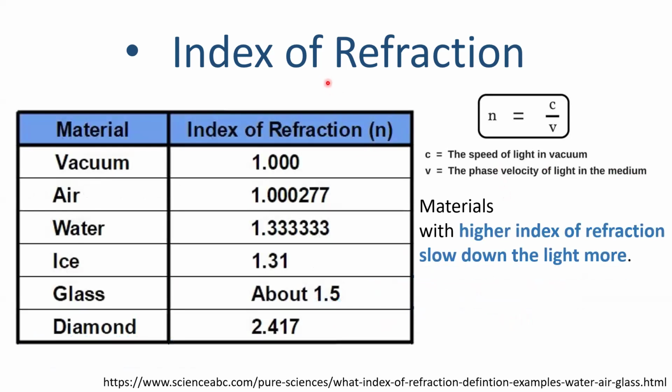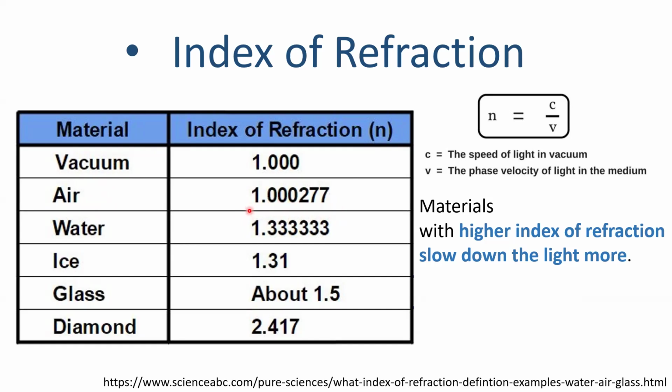And so, indexes of refraction of different materials. Vacuum has the index of refraction of 1, and that's as low as you can get. The index of refraction of the air is almost like vacuum, but look, something is beginning to happen here: it is 1.000277.